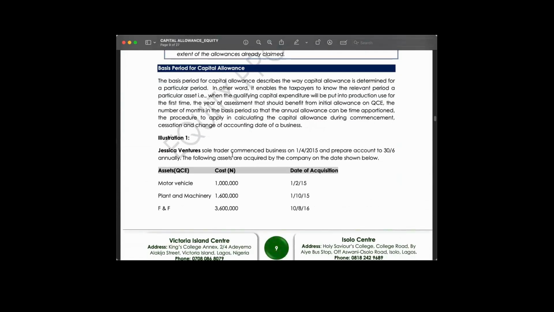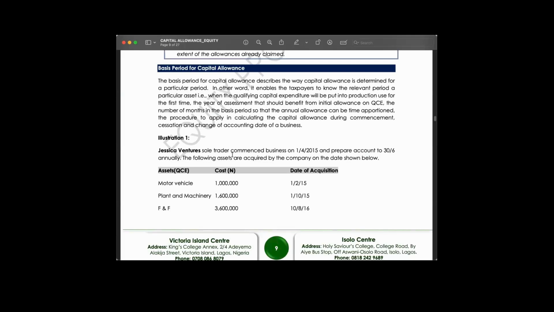So we'll go straight to calculation now. Basis period for capital allowance. Now, for capital allowance, it is very important that you know that the same basis period that we used in the beginning, when we started this class, is the same basis period that we're going to be talking about here.